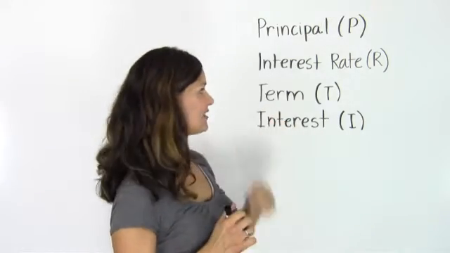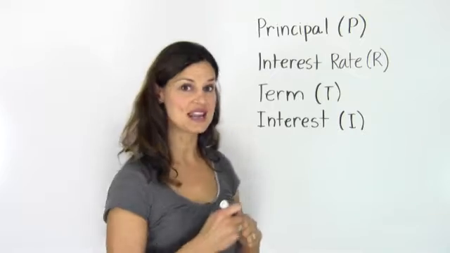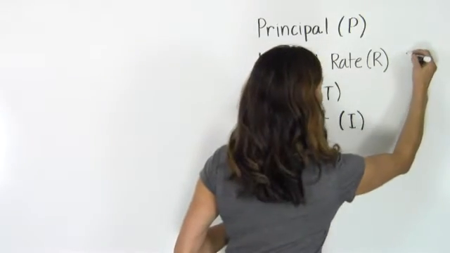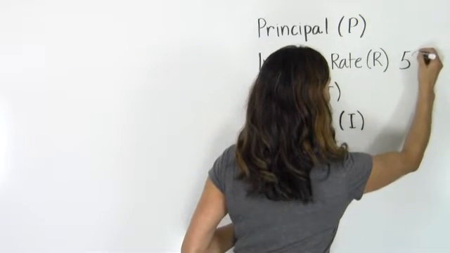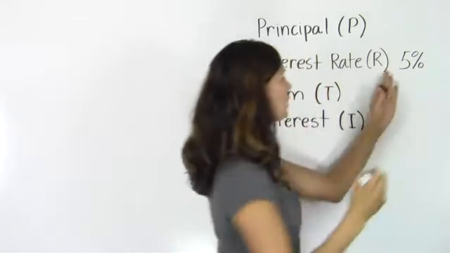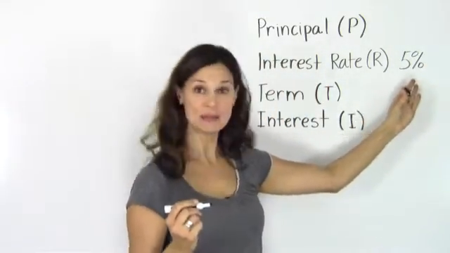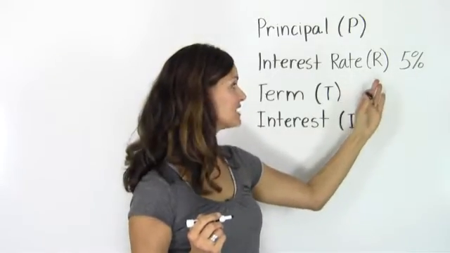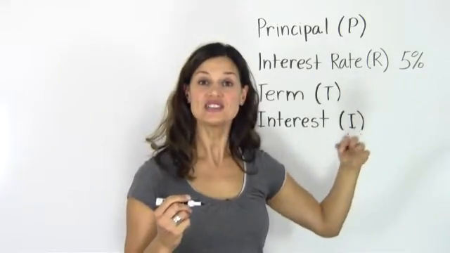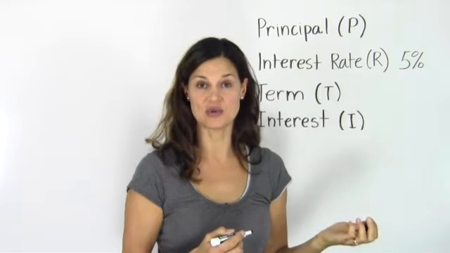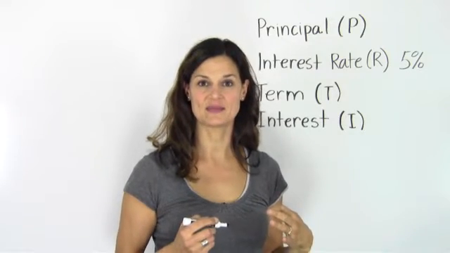In our example, our interest rate is going to be 5%. We could say 5% per annum, we could say 5% per year, or we can just say a 5% interest rate. They're all the same thing.